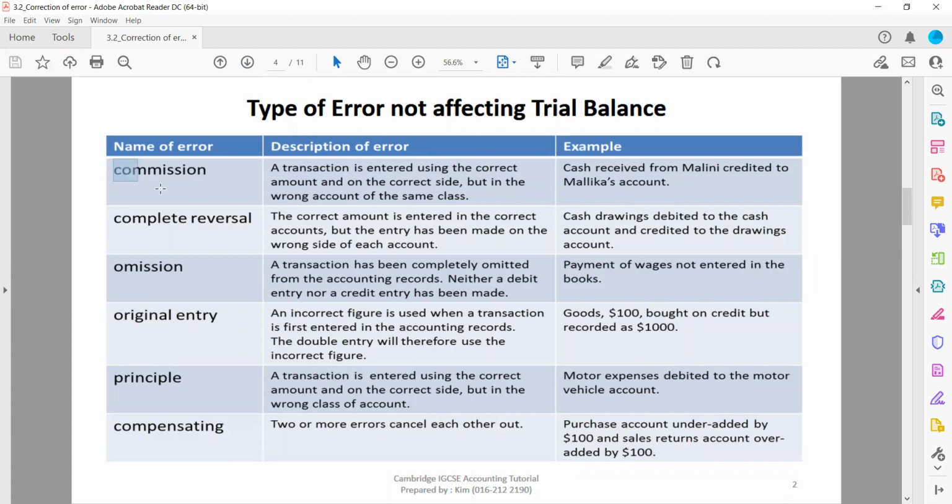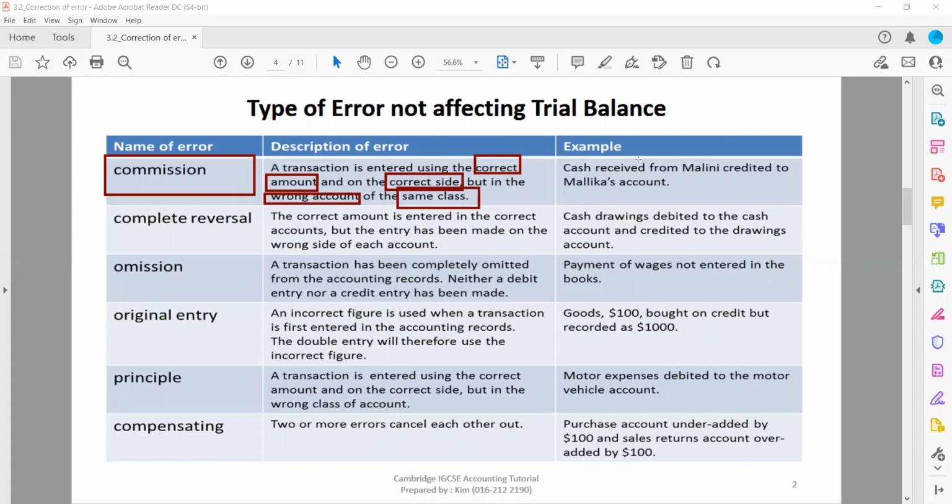First, commission. What is an error of commission? An error of commission is when a transaction is entered using the correct amount and on the correct side, so the key is correct amount on the correct side, but in the wrong account of the same class.